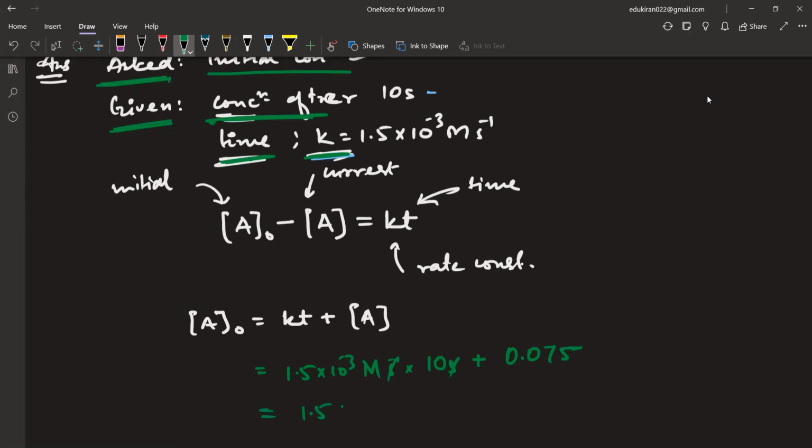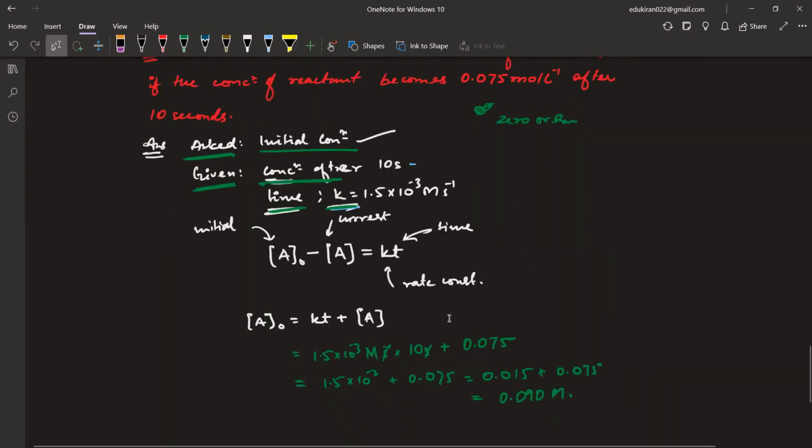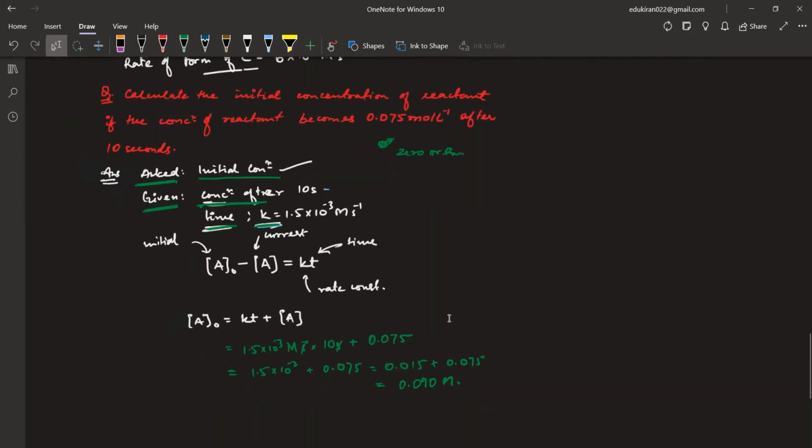It will be 1.5 into 10 to the power minus 2 plus 0.075, which will be equal to 0.090 molar. So all of these questions are quite easy. Please write this down.